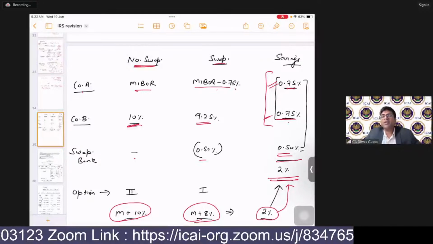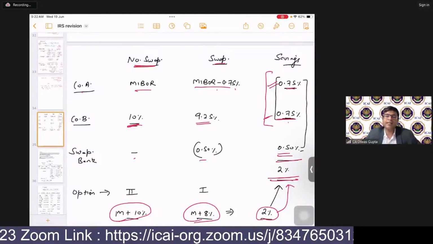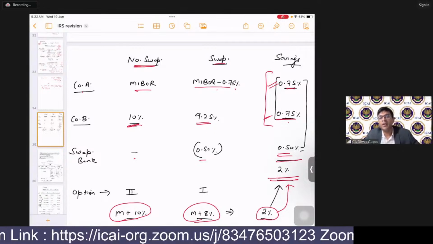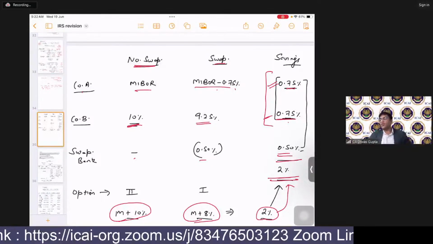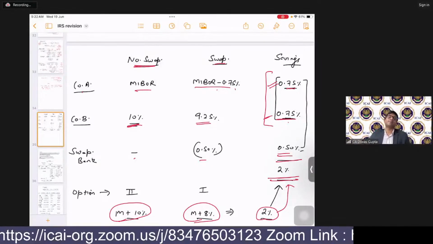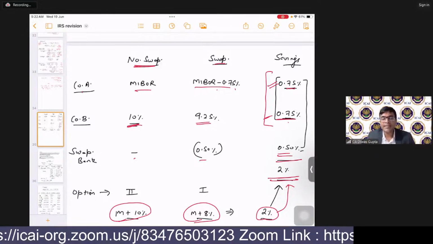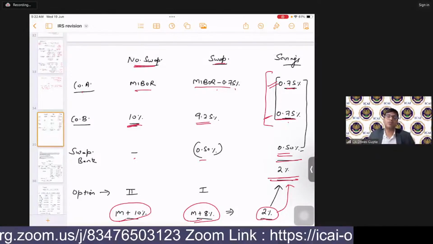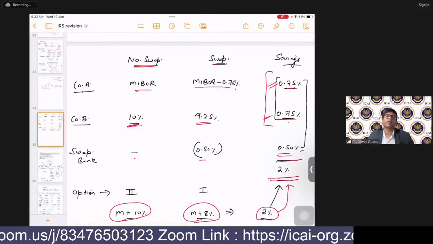What is your risk management objective? For company A, the risk management objective was to borrow on a floating basis. For company B, it was to borrow on a fixed basis. So by doing this, they are able to align their overall risk management objectives with what is available.